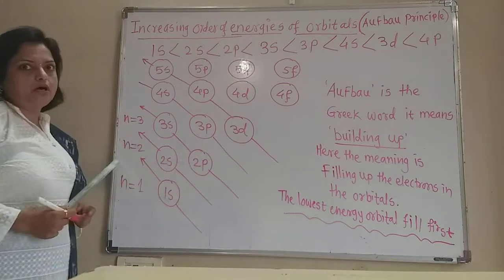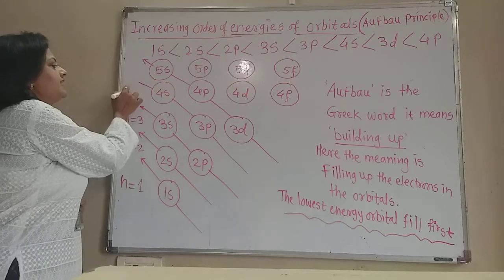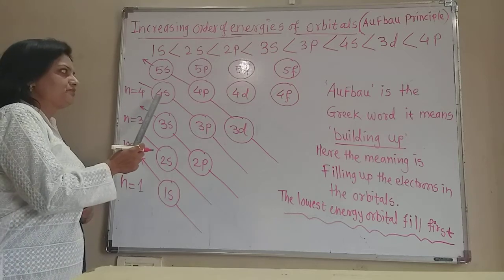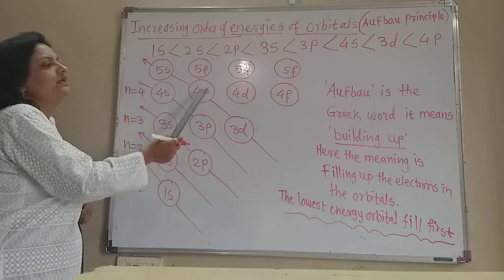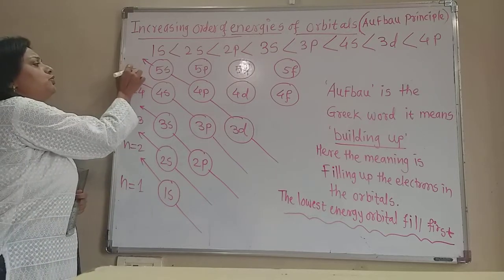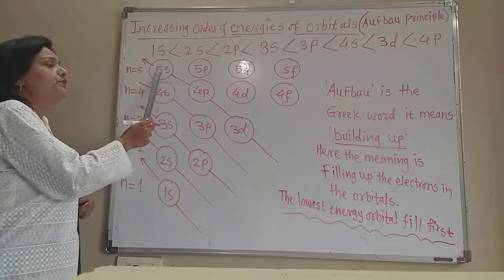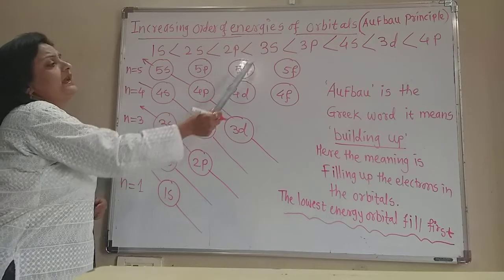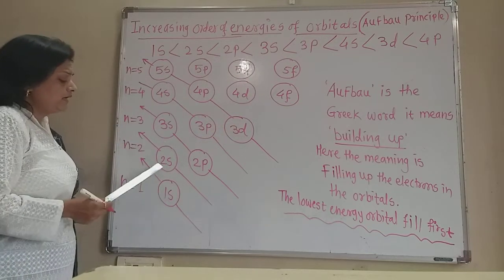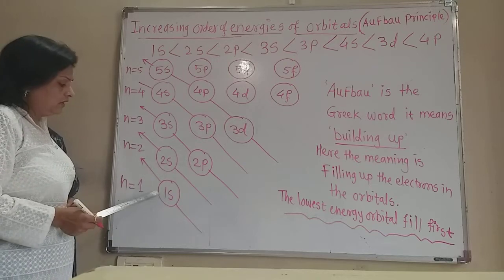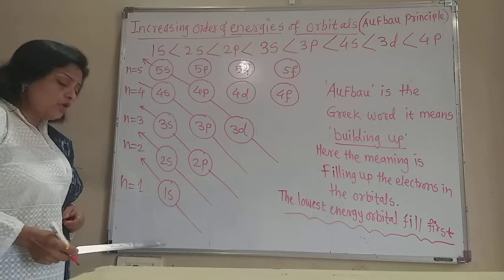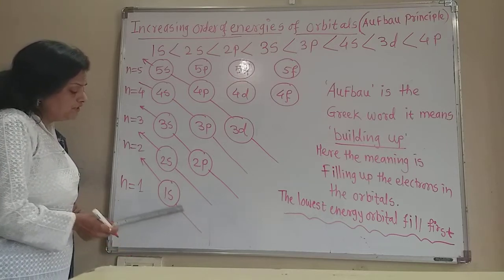This is n is equal to 4, it contains 4 subshells, 4s, 4p, 4d and 4f, and in this way n is equal to 5: 5s, 5p, 5d and 5f. Now draw the circles for each orbital in the main shells.